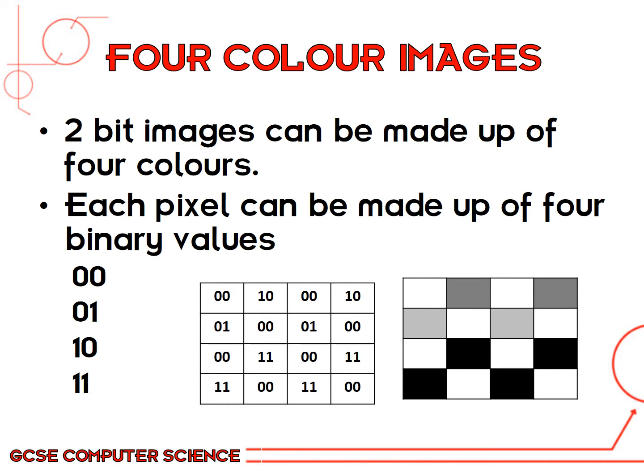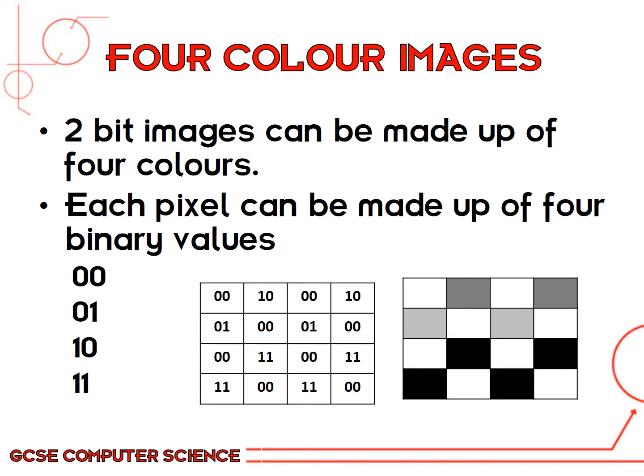As technology started to progress with computers, we could have more available colours. Now if we start off by looking at 4 colour images, we can see that progressing from 1 bit up to 2 bit, we can make 4 colours in an image. So each pixel can be made up of 4 different binary values, either 00, 01, 10 or 11.